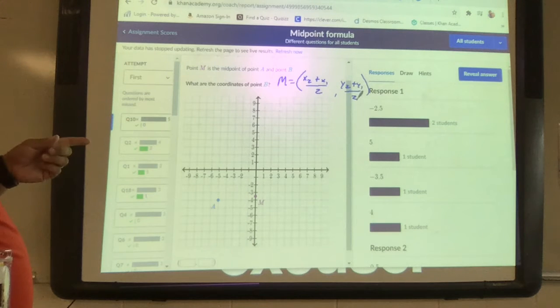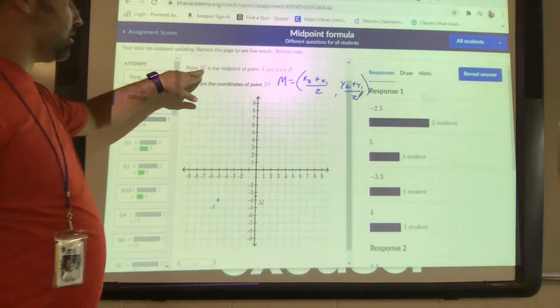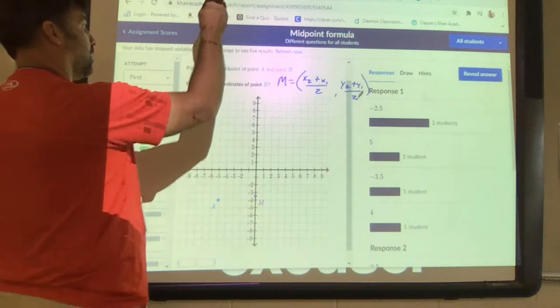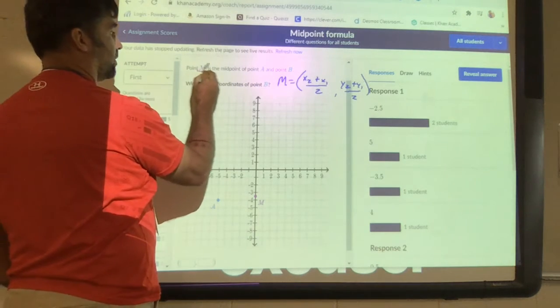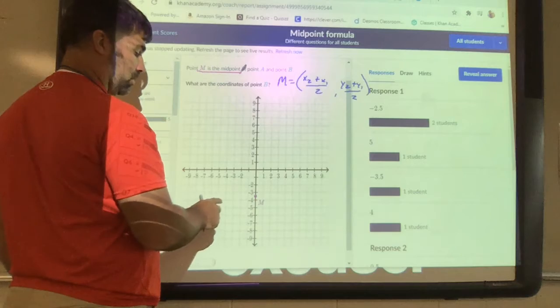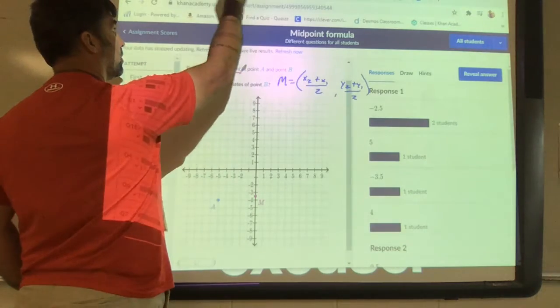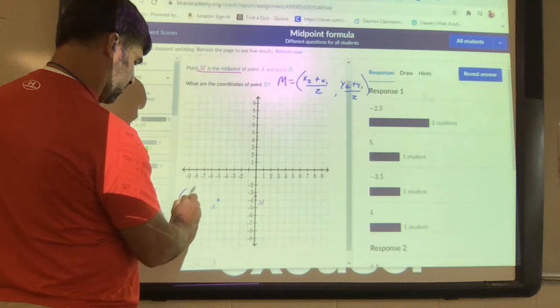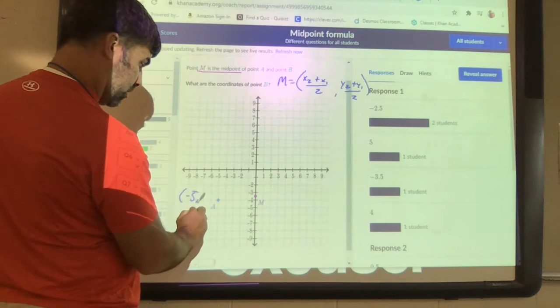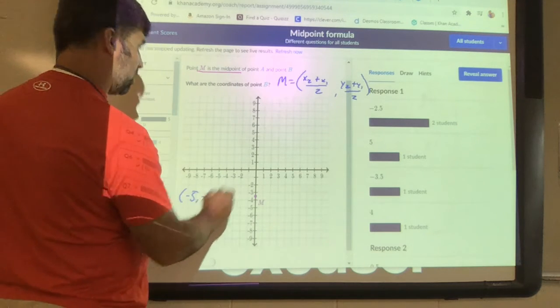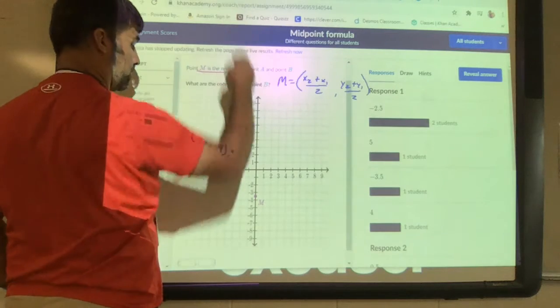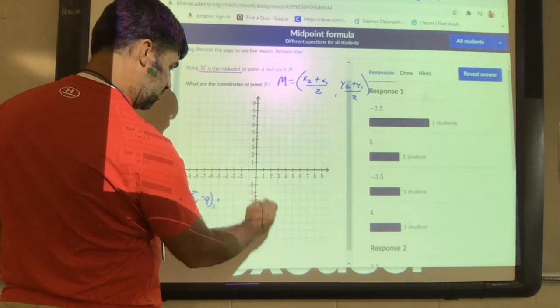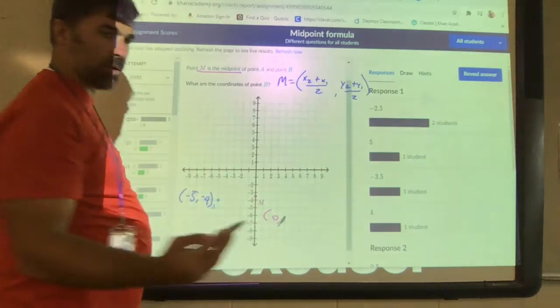The problem with this one is M is the midpoint. So this point M is the midpoint. So it's not that I use point A, which is -5, -4, and then point M is 0, -3.5. I think this is giving people problems too.